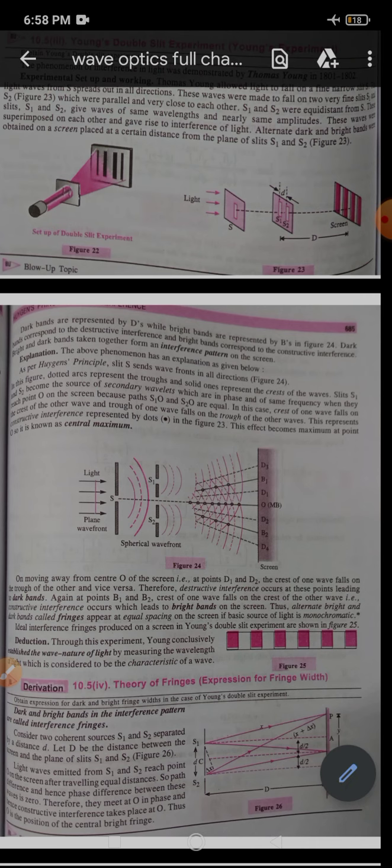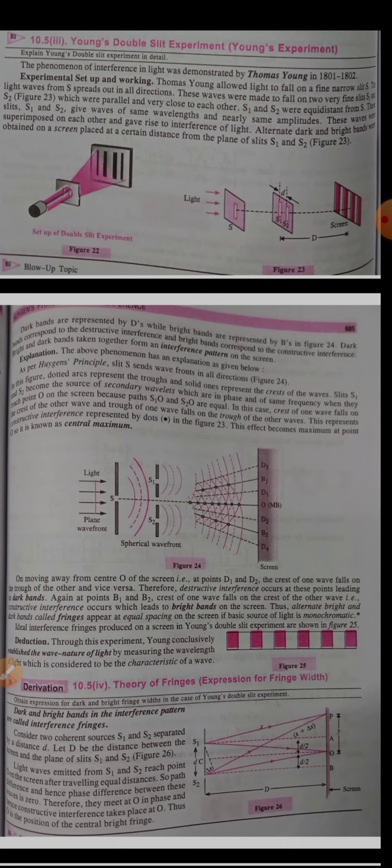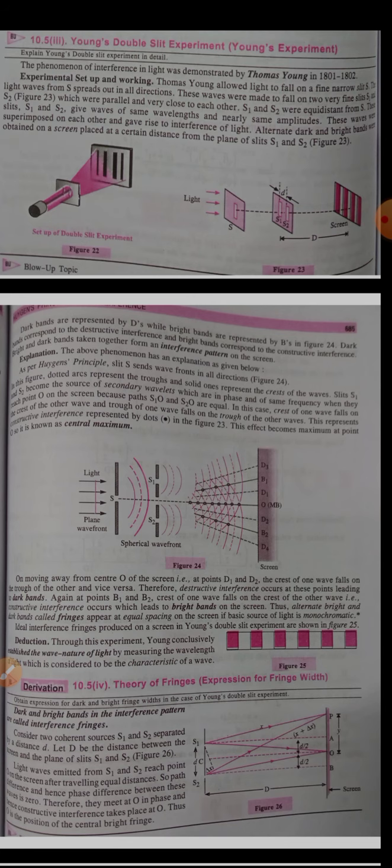When the plane wavefront light comes to the slit S, after passing through S we get light rays traveling in all directions.